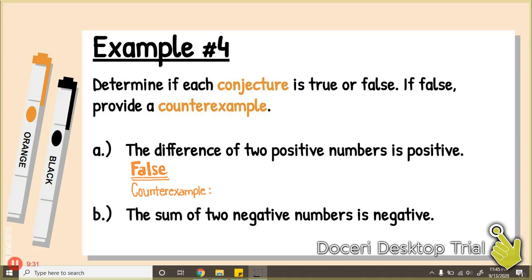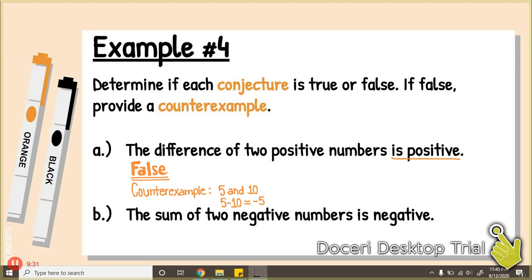So my counterexample would be if I found the difference of 5 and 10. Those are both positive numbers. And if I take 5 minus 10, I get -5. And -5 is not positive. Therefore, this proves this false because the difference of 5 and 10 is negative.